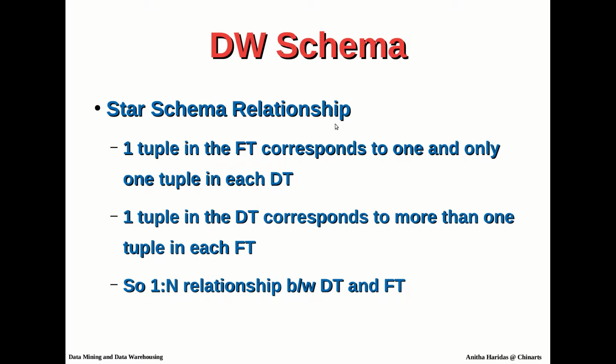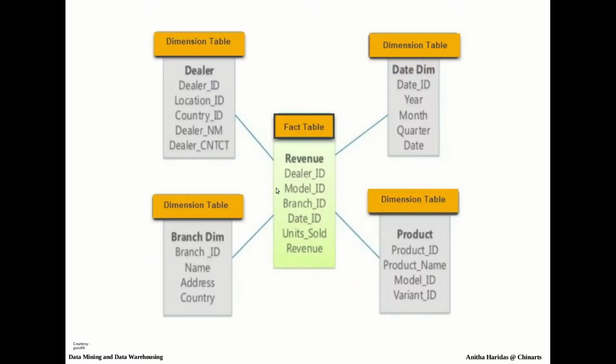In the star schema, the relationship between the dimension table and the fact table is a one to many relationship. Why? Because one tuple in the fact table corresponds to only one tuple in each dimension table, right?